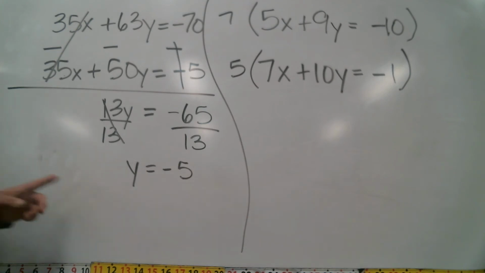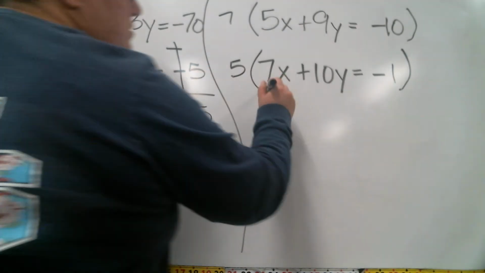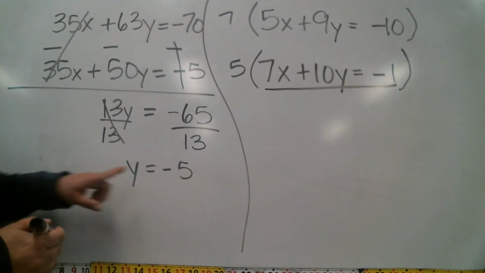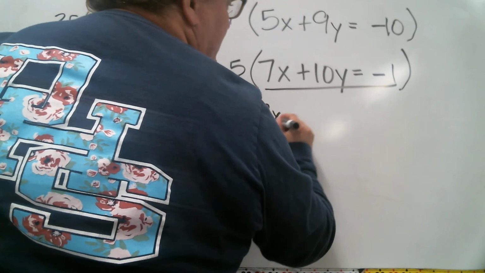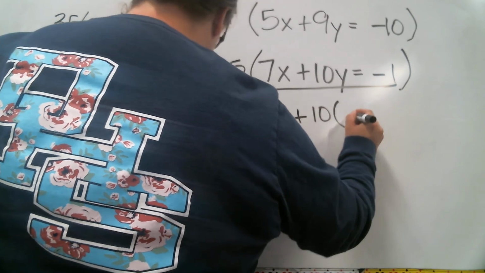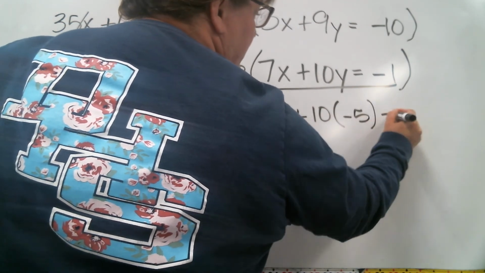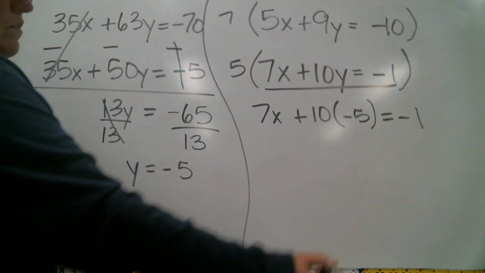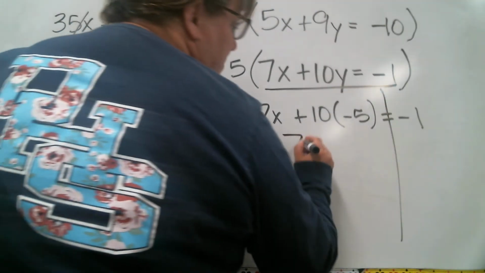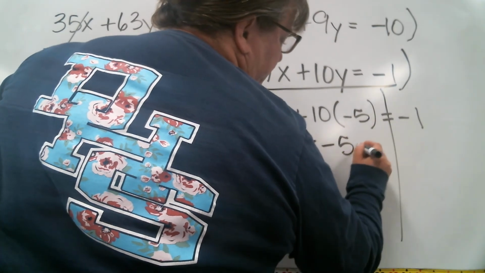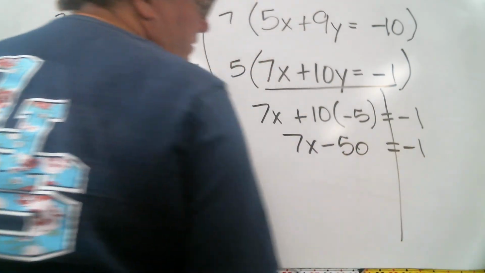Okay. And then remember, I've got to go back to, I'm just going to choose this one right here because it's convenient. And I'm going to put a negative 5 in for y. So I've got 7x plus 10 times negative 5 equals negative 1. And then I've just got to do a little work to solve this. So 7x minus 50 equals negative 1.